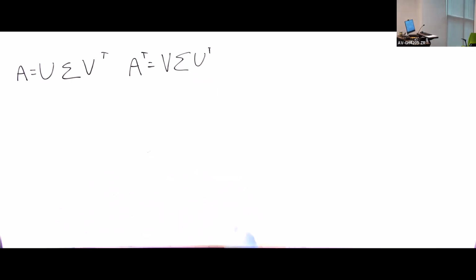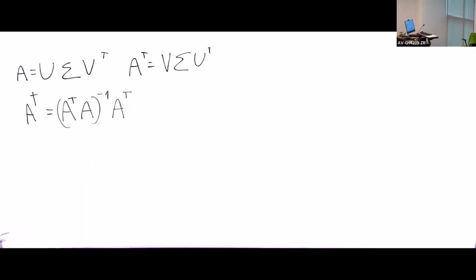We assume that we have a compact economic form, one of the forms where this thing is invertible and square. Other things we don't really care about that much. So here's the formula that I want to show is equivalent: (A transpose A) inverse A transpose.